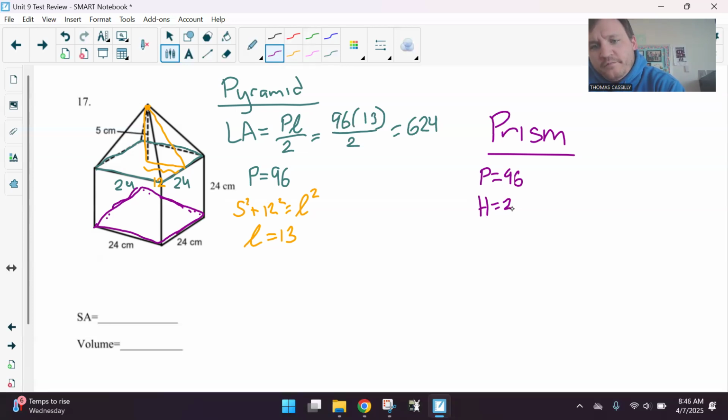That's also 24, because the lateral area is just the perimeter of the base times the height. So 96 times 24 gives us 2,304.